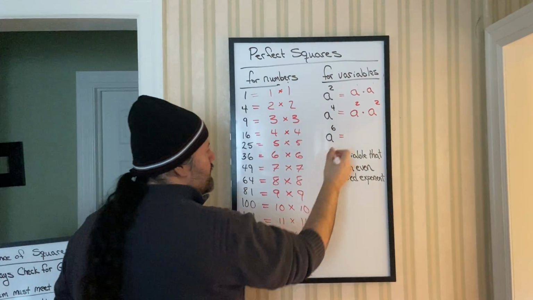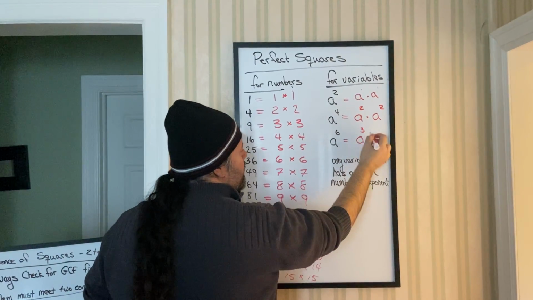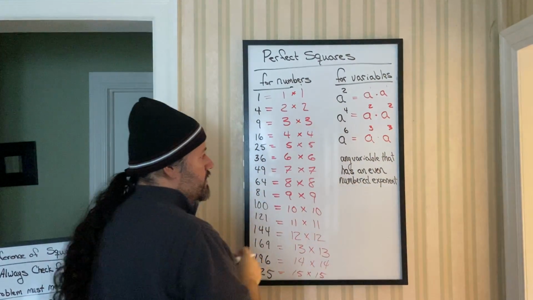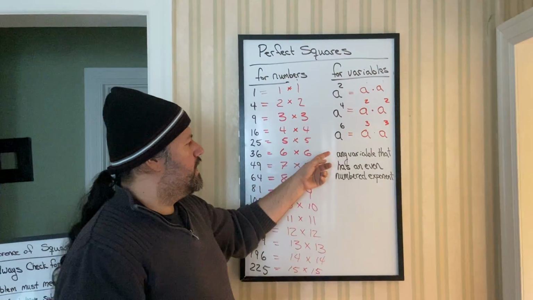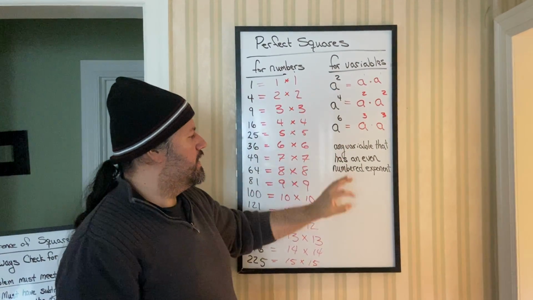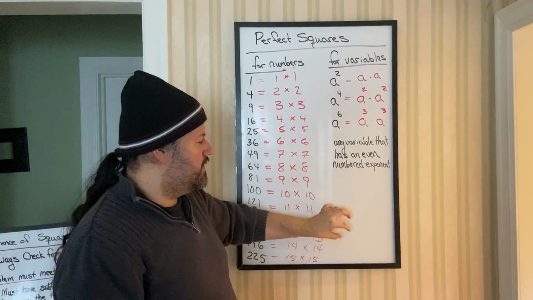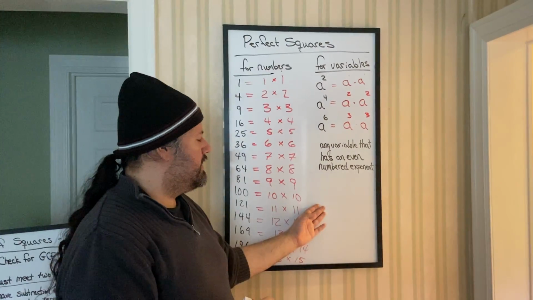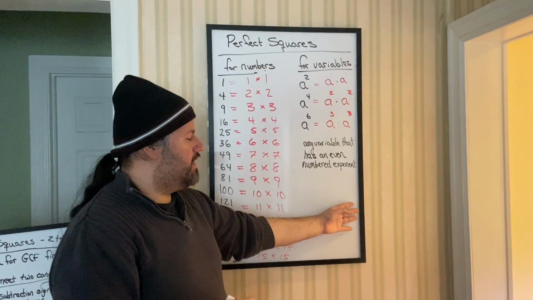So a to the 6th, that'd be 3 here and 3 here, because 3 plus 3 would give us the 6. Notice any variable that has an even number exponent, 2, 4, 6, if I had a to the 8th or a to the 10th, would be able to break it down evenly. Think of a to the 10th: 5 a's and another 5 a's here.